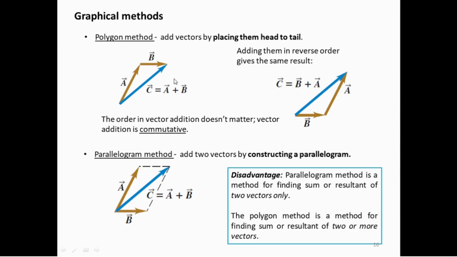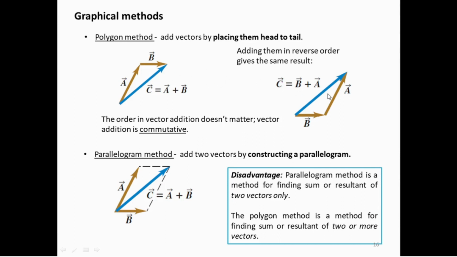The good thing here is that this polygon method is reversible, or you can add this vector A and vector B in the reverse order, and you will just get the same result. Say for example, if you draw vector B first and then you add the vector A, you will still get the same vector C. As you can notice, this arrow here has the same length as this arrow, and both of them are pointing towards the same direction.